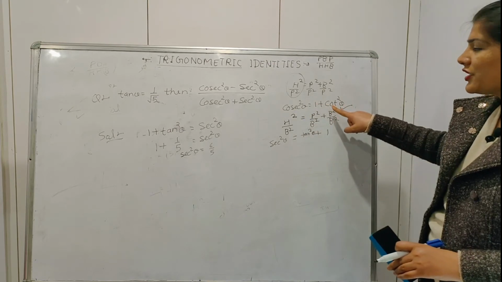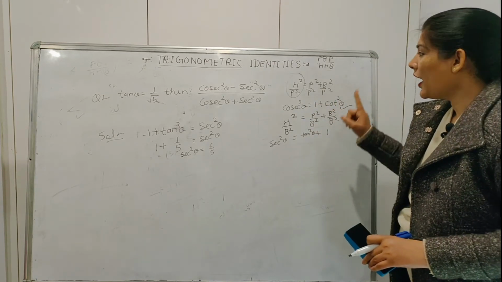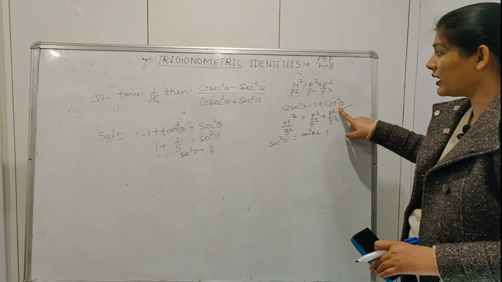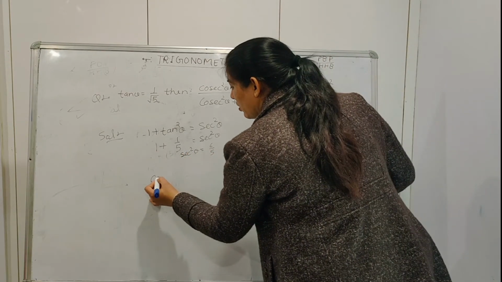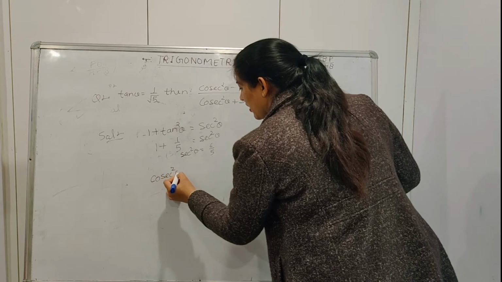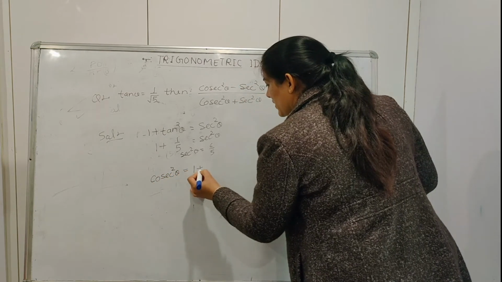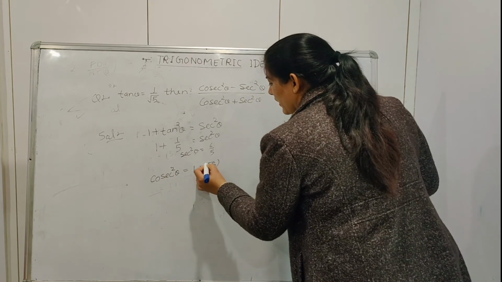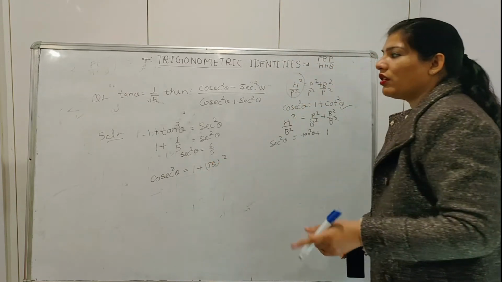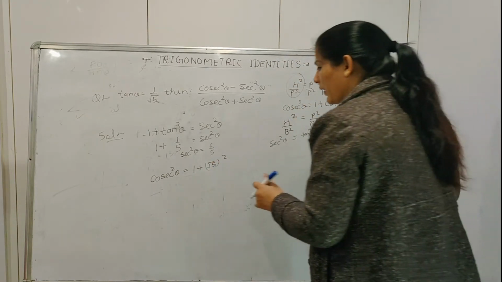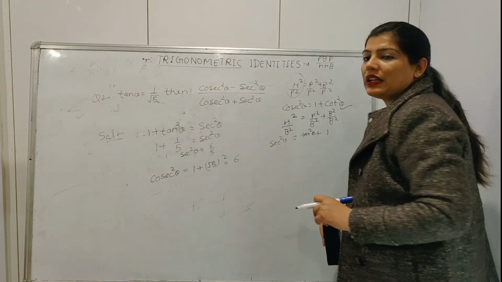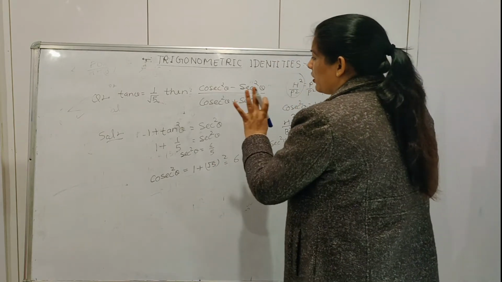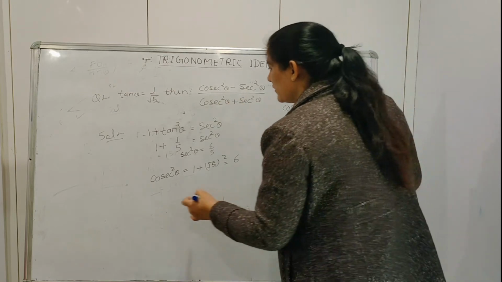And from here I have already proved the equation: cosec square theta is equals to 1 plus cot square theta, and you know that cot is the inverse of tan. So you can find cosec square theta is equals to 1 plus root 5 square, because the reciprocal of 1 upon root 5 is root 5. So it is equals to 6. Now we have to find this value. So put the value of cosec square and sec square here.